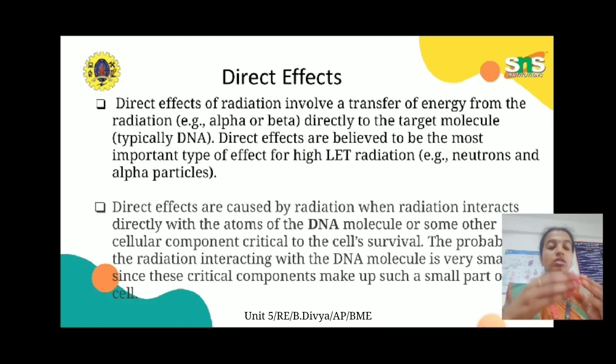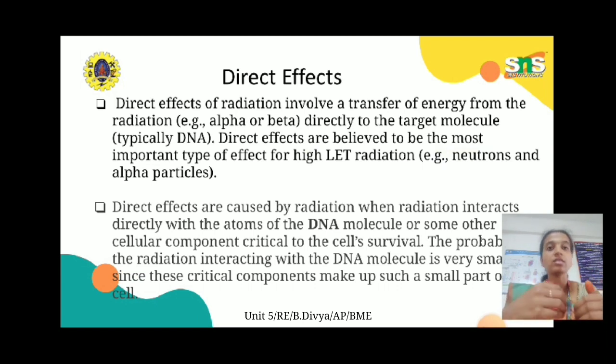These equipments will produce radiation on the human body, and by producing radiation in the human body, the affected parts will be acute, and the images can be captured, and we can diagnose what kind of disease we have in our body.